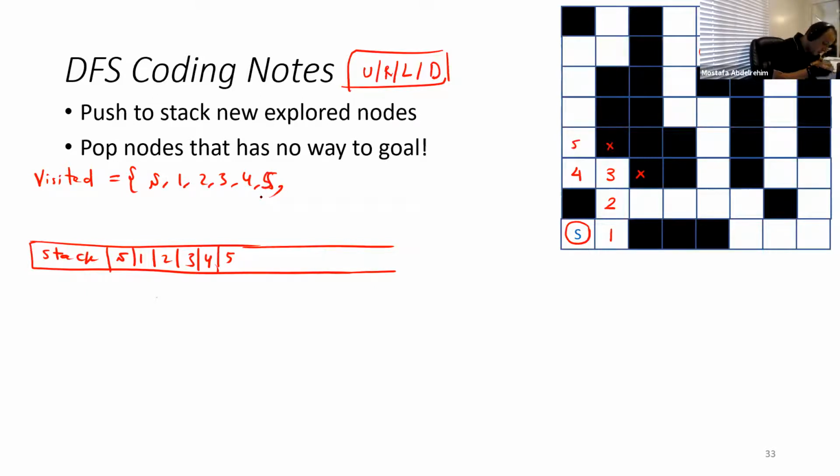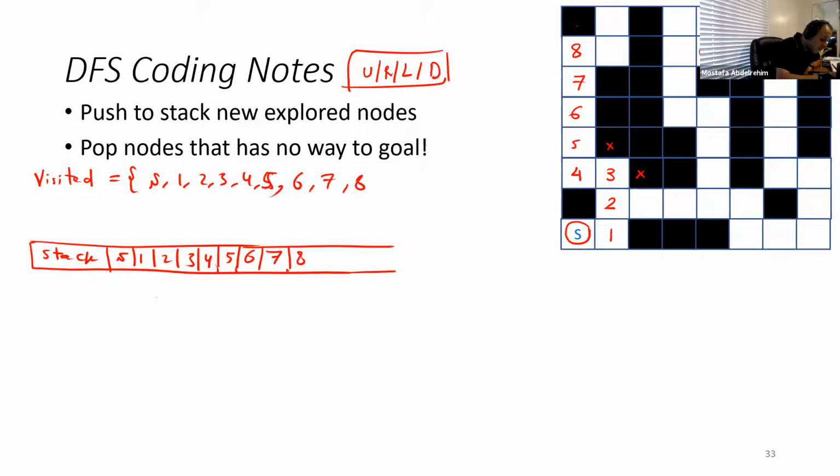This is 5. From 5, can I go up? Yes, 6. So I visited 6. Can we go up? Yes, 7. Visited 7. Can we go up? 8. We visited 8. So each time you add something to the stack, you also add it to the visited array, because it's visited.